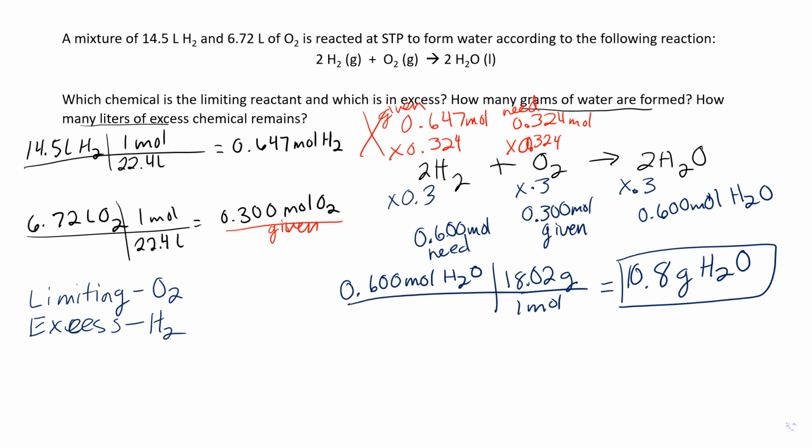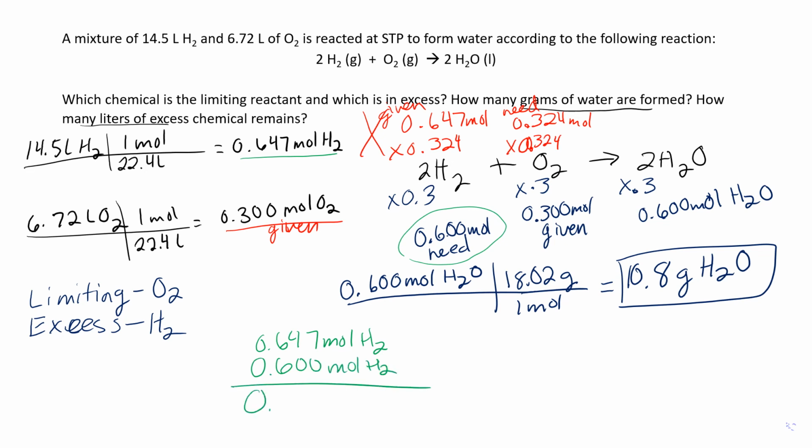All right, our last part is to find our liters of excess chemical that remains. So our excess chemical, let me do this in green, is our hydrogen. We are given 0.647 moles of hydrogen, and we used up or needed 0.6 moles of hydrogen.